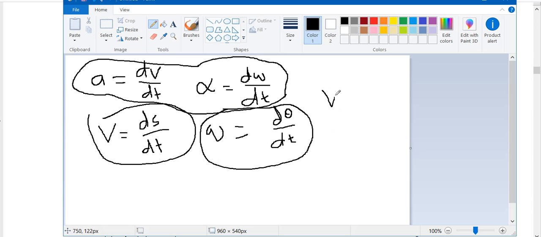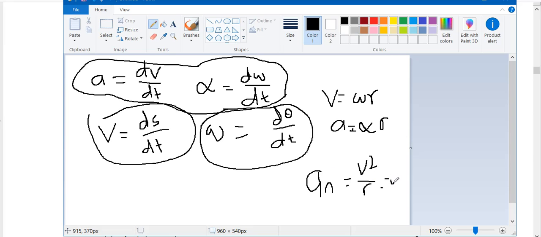And we also learned that v equals omega r, linear velocity equals angular velocity times radius. We also learned that linear acceleration is angular acceleration times r. Now this acceleration is a tangential acceleration, because we know that whenever a body moves around an axis or in a circular path, there is a normal acceleration too. That can be found using a n. a n is v square divided by r.